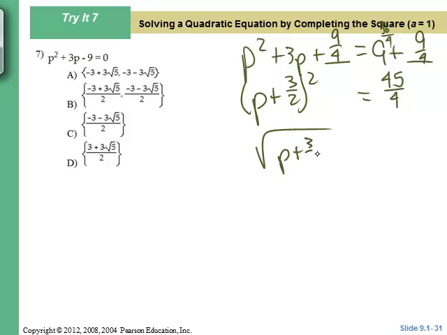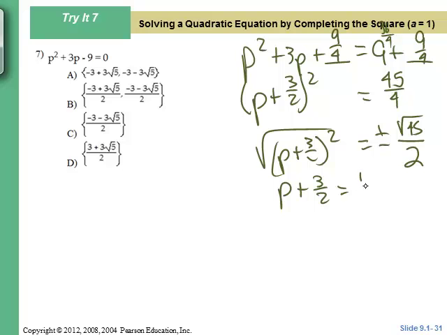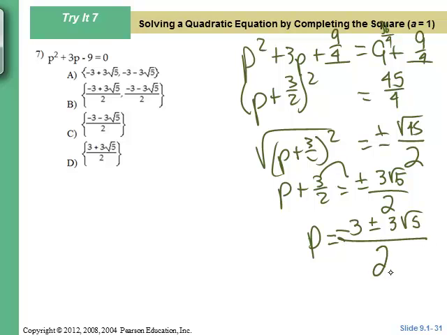P plus 3 halves squared equals plus or minus root 45 over 2. P plus 3 halves equals plus or minus root of 45, which is 3 root 5 over 2. So P equals negative 3, put the 3 on the other side, plus or minus 3 root 5 all over 2.